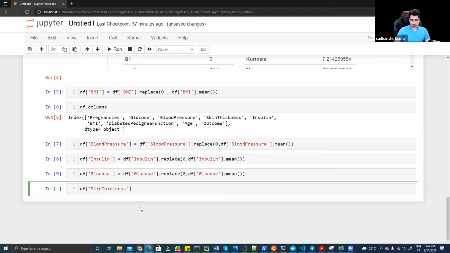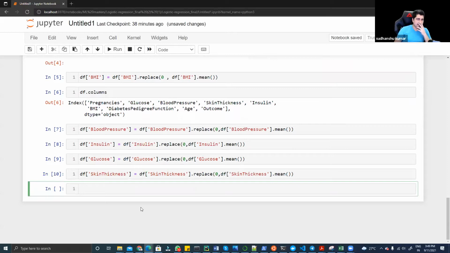So for skin thickness, I do data frame of skin thickness dot replace zero with data frame of skin thickness dot mean. In this way, I'll end up overriding all the values which have a zero.